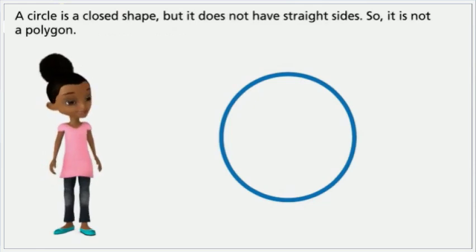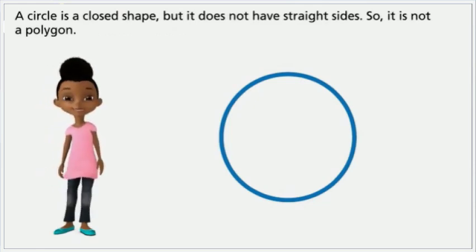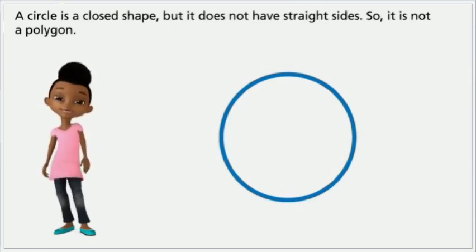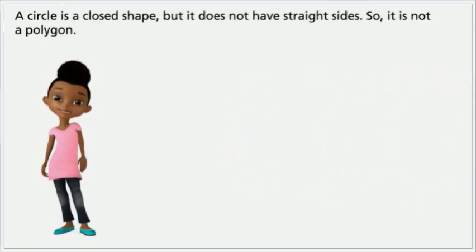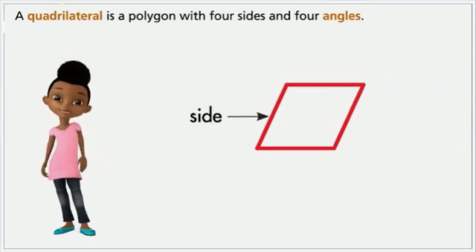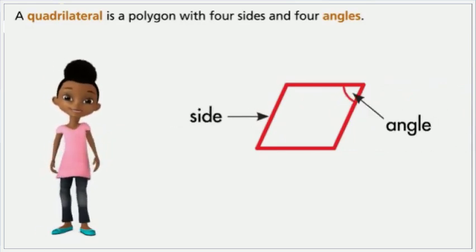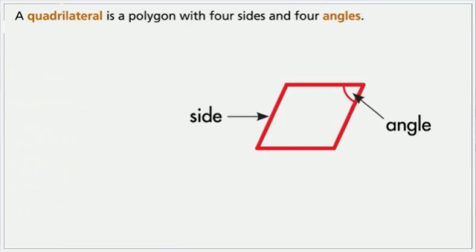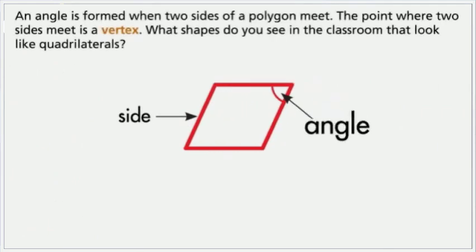A circle is a closed shape, but it does not have straight sides, so it is not a polygon. A quadrilateral is a polygon with 4 sides and 4 angles. An angle is formed when 2 sides of a polygon meet. The point where 2 sides meet is a vertex.